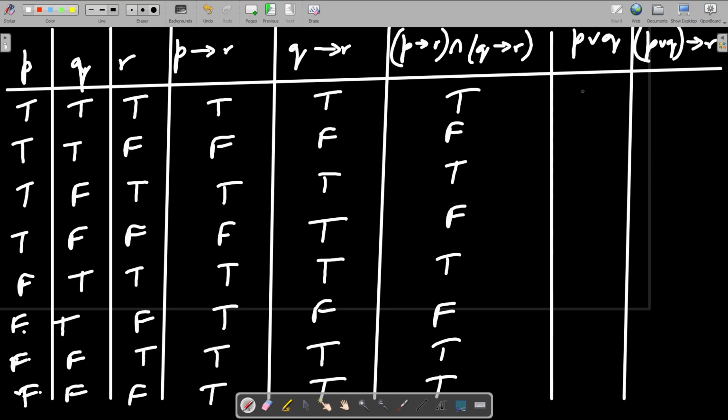So P or Q we are doing. One of them is true here, both are true here, both are true in the first case also. Somebody is true here, true here. It's going to be true here also, and true here also. Only the last two cases are false because both P and Q are false in the last two cases.